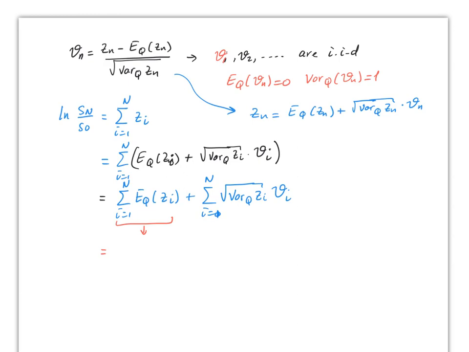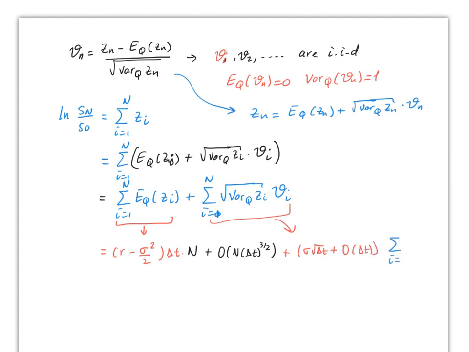Remember that this one was equal to r minus sigma squared over 2 delta t, and then you have this n times, plus the error term of order delta t to the 3/2, plus the quantity that comes from here, which should be sigma the square root of delta t plus O of delta t, times the sum from i equals 1 to n of epsilon i.